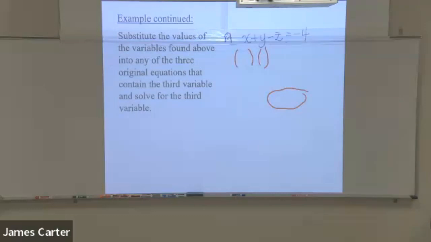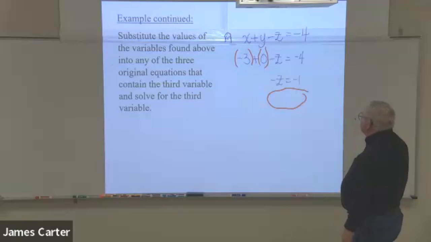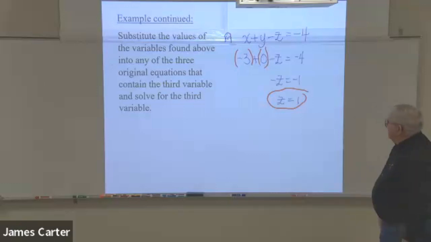In my case, I chose equation A because it was the simplest one. So I put the -3 in for x, the 0 for y, and I got z equals ultimately +1 with a little bit of arithmetic.